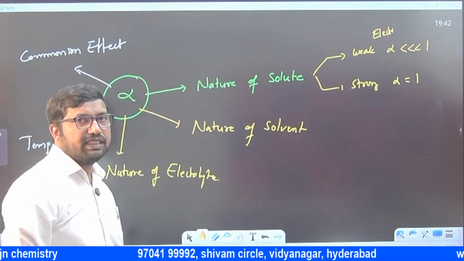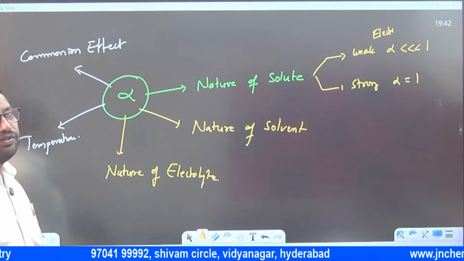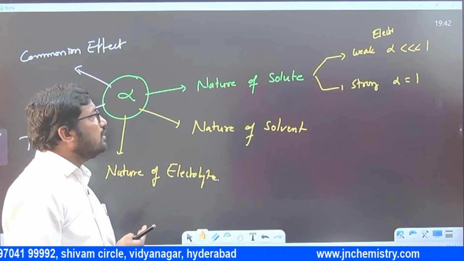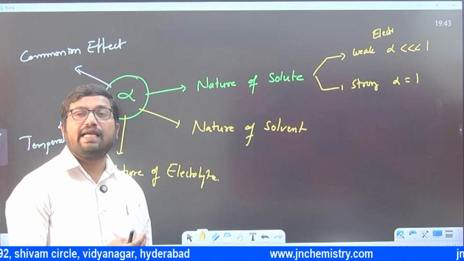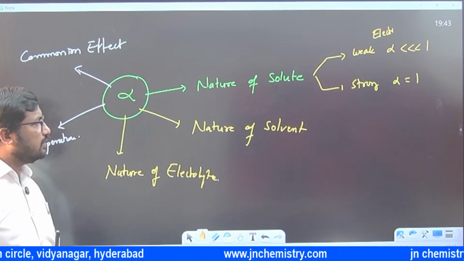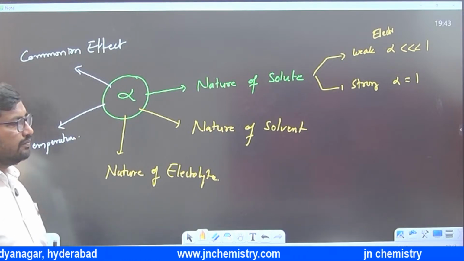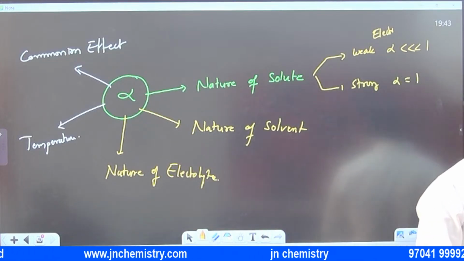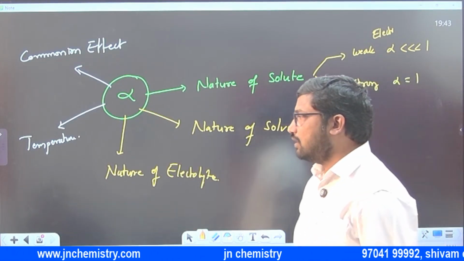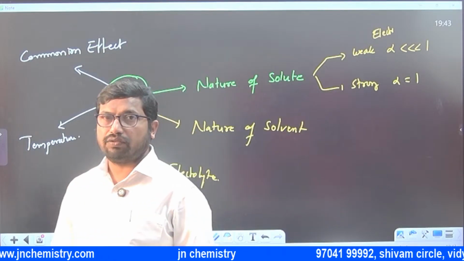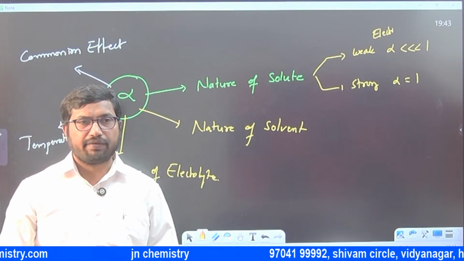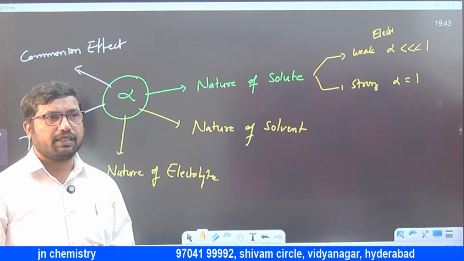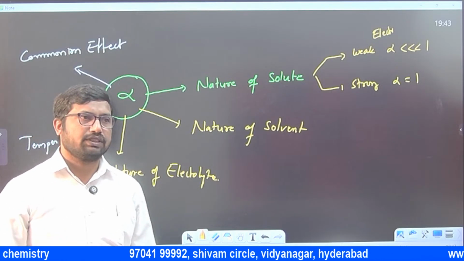Weak cases: alpha is less than 1, which means ionization or dissociation is very small. For weak acids and weak bases only they give the Ka and Kb values. In the case of strong ones, Ka is not needed because 100% dissociation takes place.